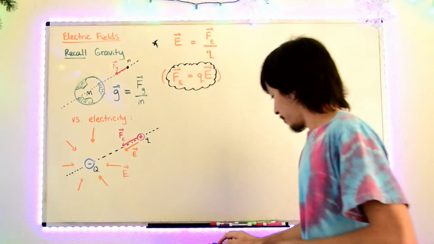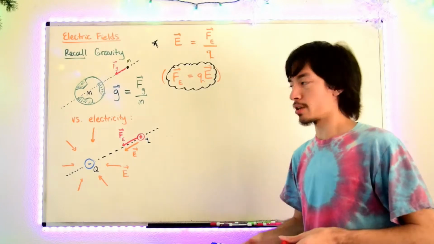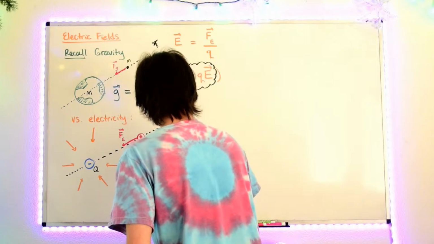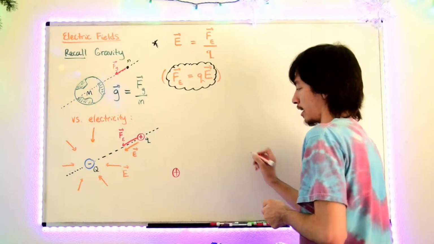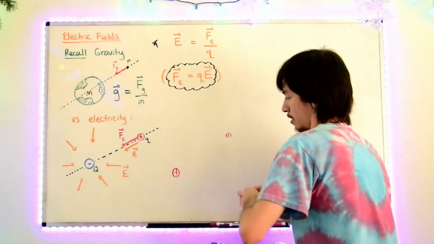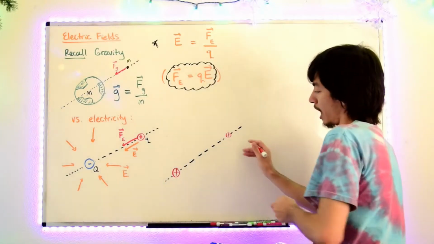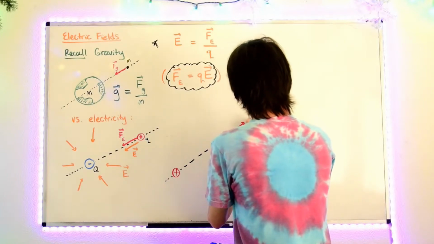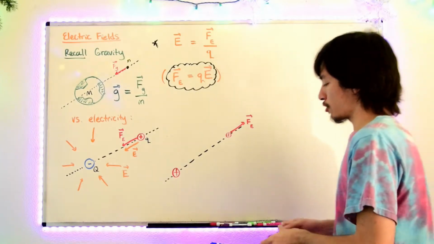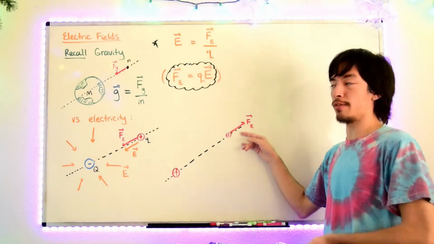Now if we use the same idea for the other kind of charge, because here we did it for a negative charge, if we instead did this for a positive charge, we would find that if we put a test charge in the presence of that, the force would not be attractive, but rather repulsive. So it would point away from it along that line. Using the same definition, the electric field is defined to point in the direction that a force would act on a positive charge if it were put there.